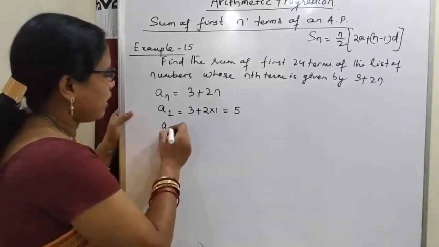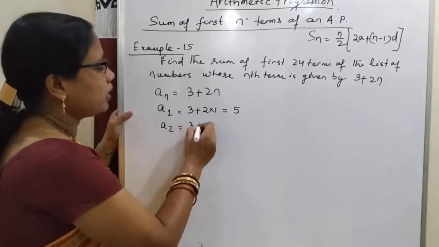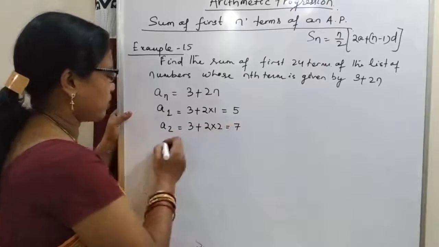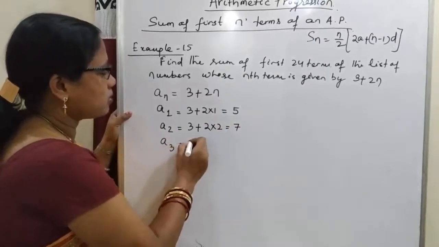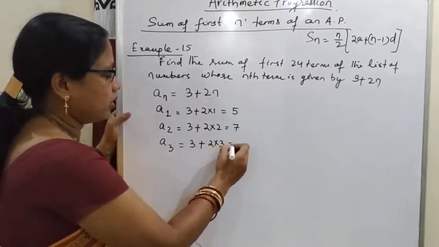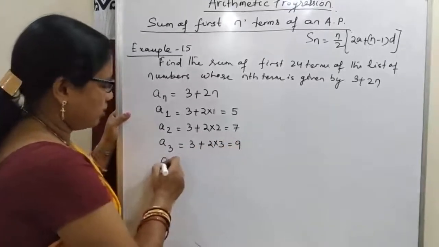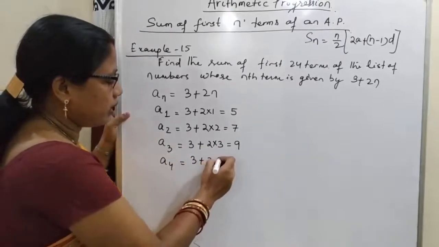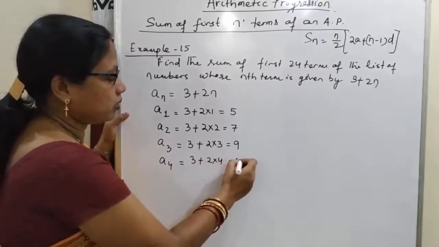Then a2 is equal to 3 plus 2 multiplied with 2 is equal to 7. Then a3 is equal to 3 plus 2 multiplied with 3 is equal to 9. Then a4 is 3 plus 2 multiplied with 4, this is equal to 11.